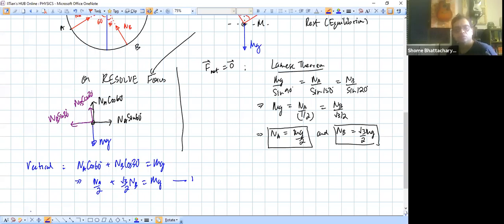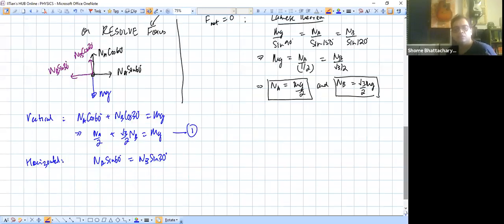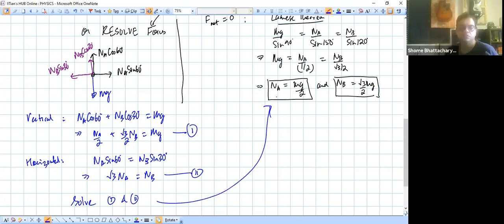And along the horizontal, you can see that Na sin 60 is balancing Nb sin 30. So from this we can conclude that root 3 Na is equal to Nb. That's your second equation. Now you can solve equation 1 and 2 simultaneously, and you will come to the same conclusion.